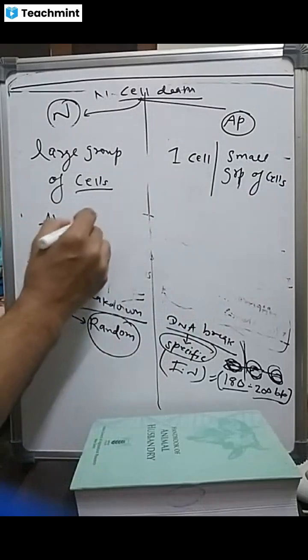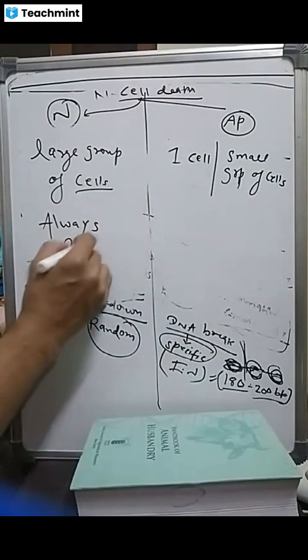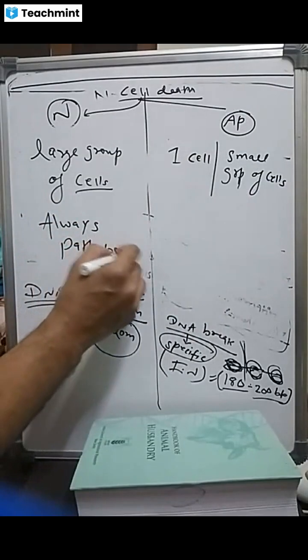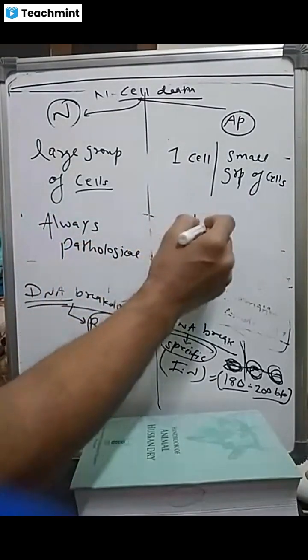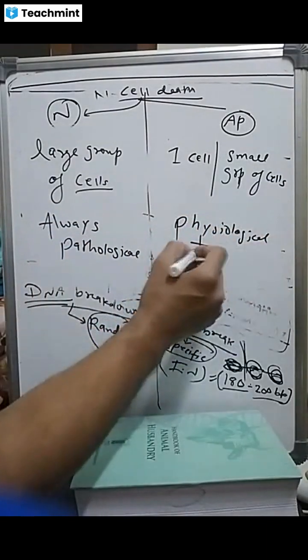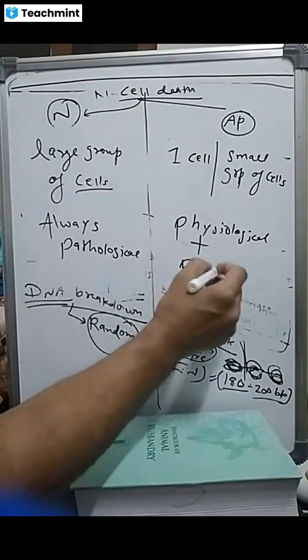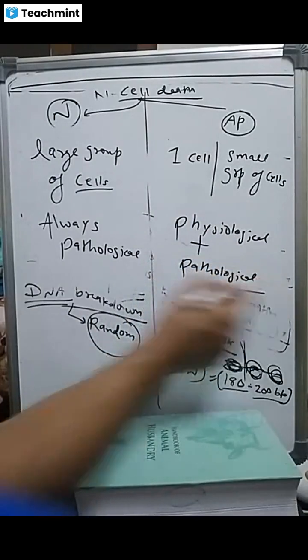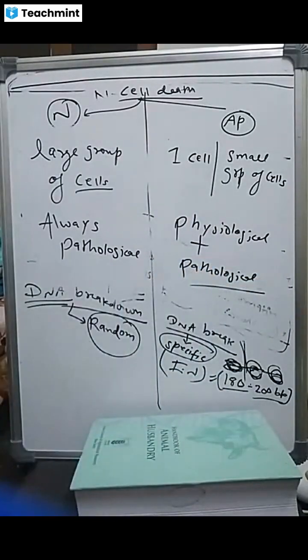The next difference is that necrosis is always pathological, while apoptosis may be physiological as well as pathological. So with these differences, we are going to start our lecture on apoptosis.